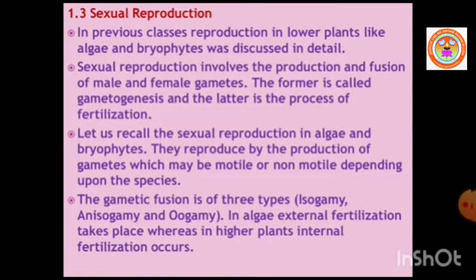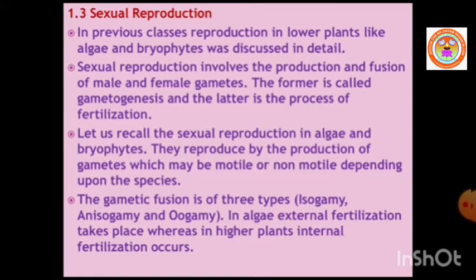Sexual reproduction in plants. As you are aware, in the previous classes, reproduction in the lower plants such as algae and bryophytes, how the asexual method of reproduction takes place. The sexual method is different from the asexual method of reproduction. Sexual reproduction in plants involves the production of gametes followed by fusion of gametes.